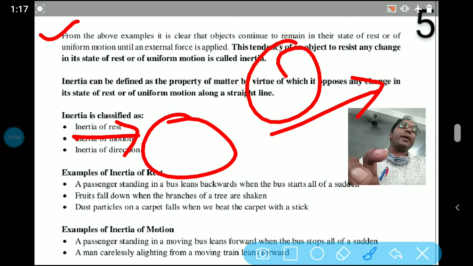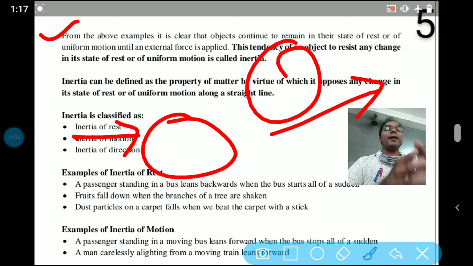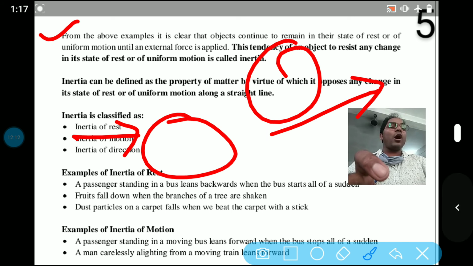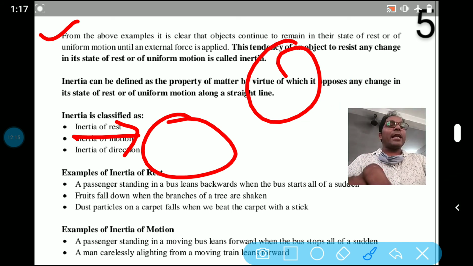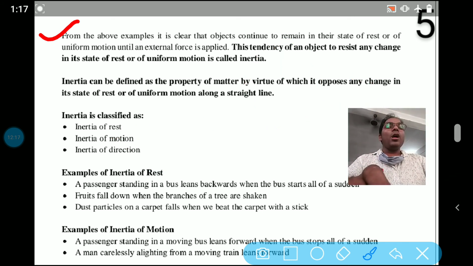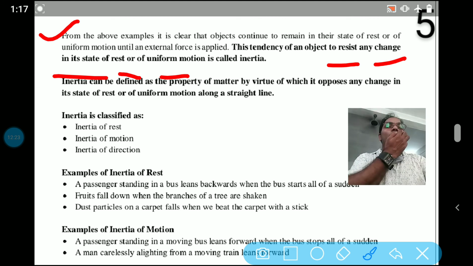It wants to remain in motion until and unless an external force is applied. So this tendency is called inertia of the body. This tendency of an object to resist any change in its state of rest or uniform motion is called inertia.